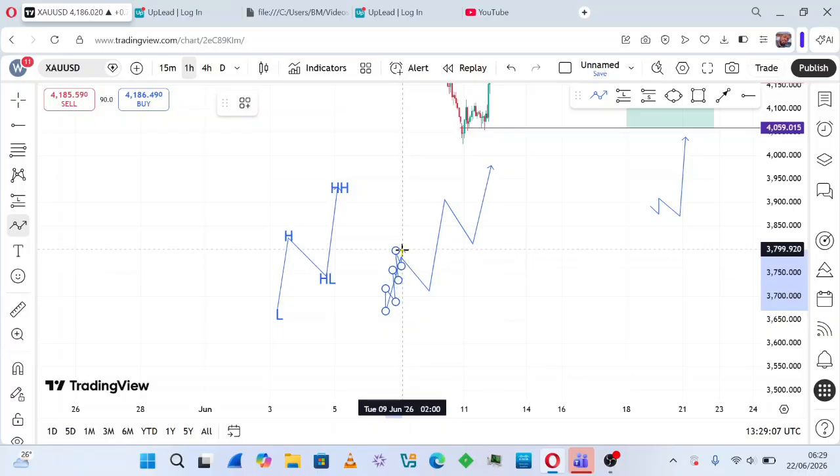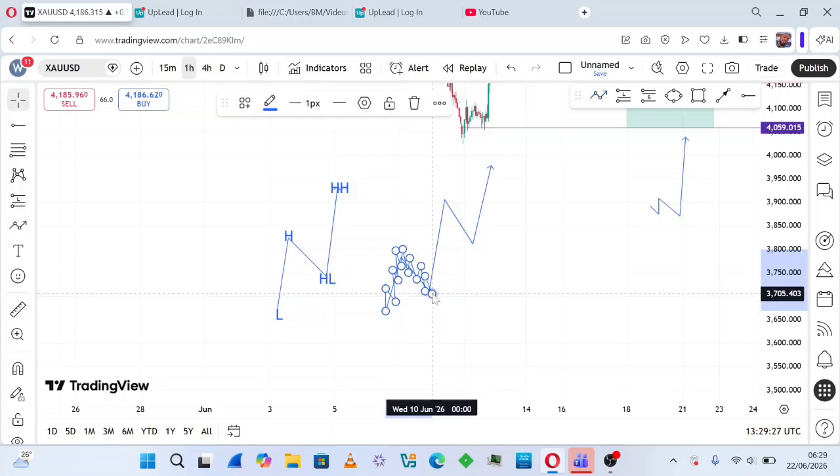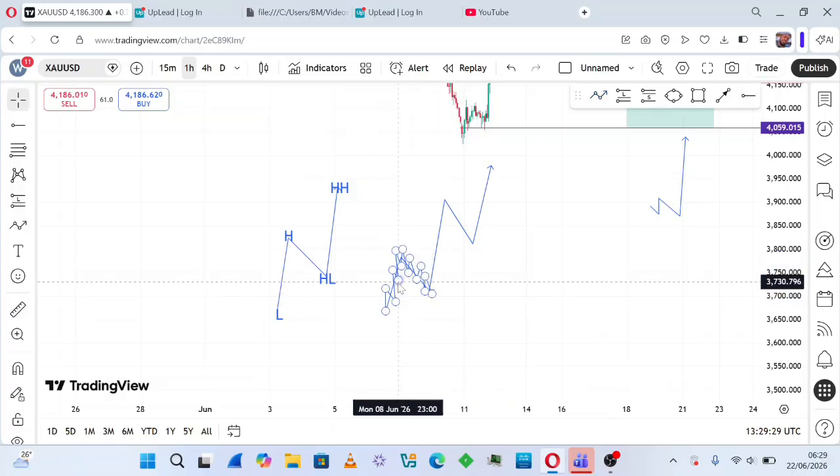And remember, before it starts selling, you will see a change of minor structure. After this, I will pull everything out so that you will see. Okay, this is it for this one.